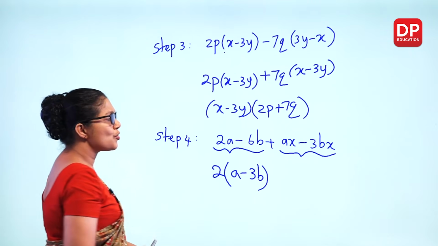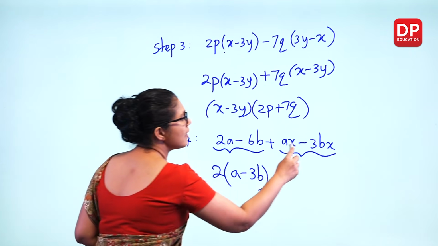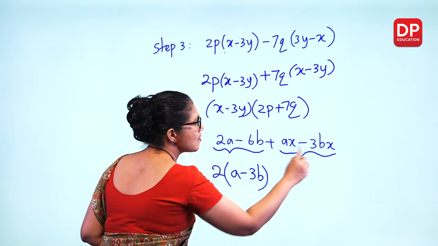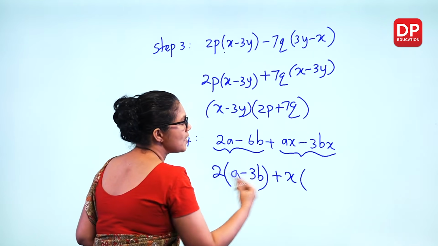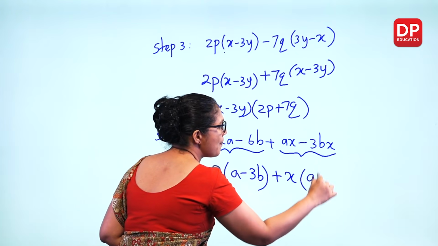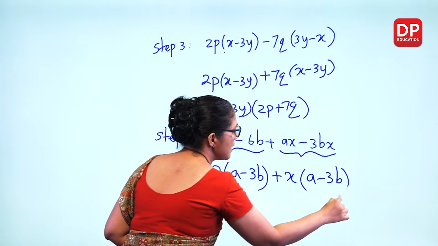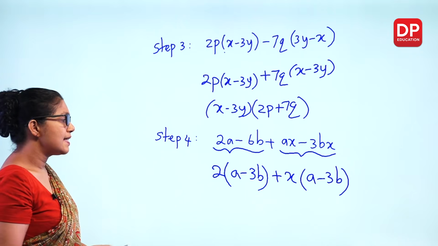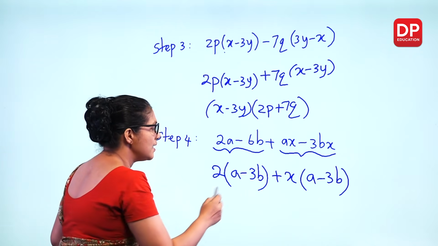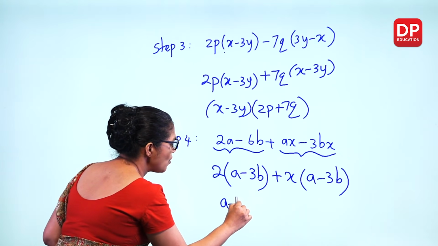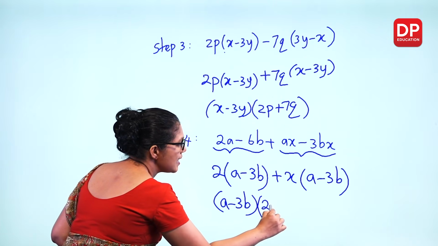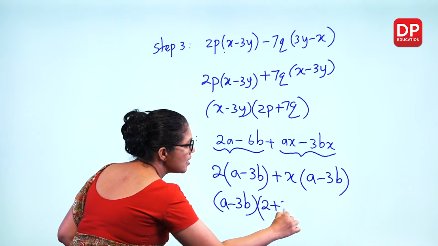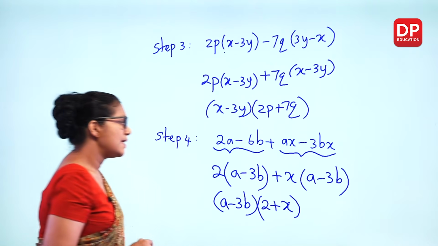Now look at these two. What's common? I can see x is common. So I'll take plus x out. What's remaining? A minus 3b. Now I can see a minus 3b is common. I can take it out and write down the remaining factors inside. So I can write 2 plus x inside.